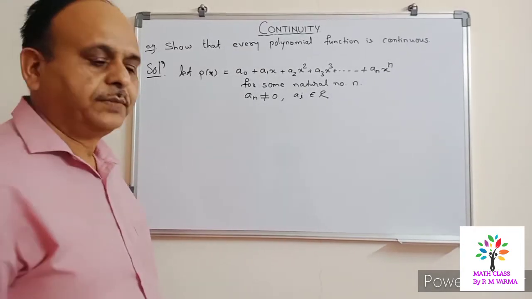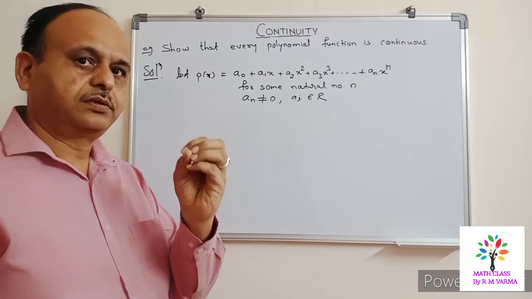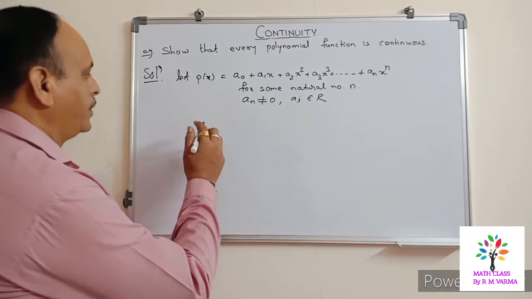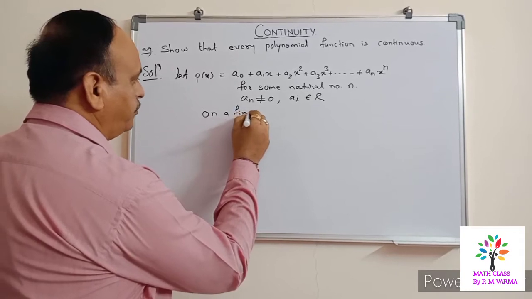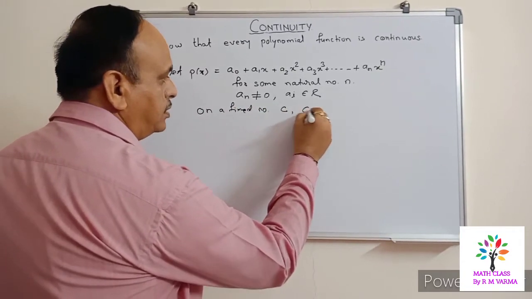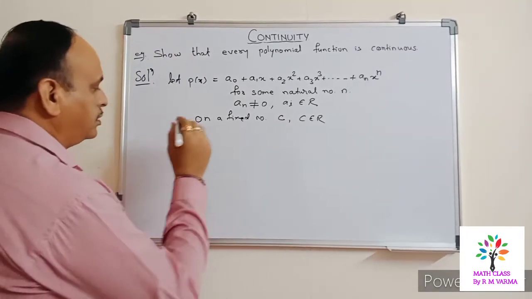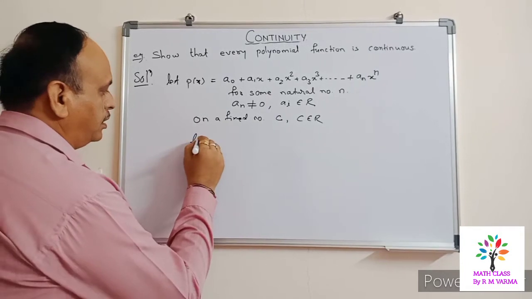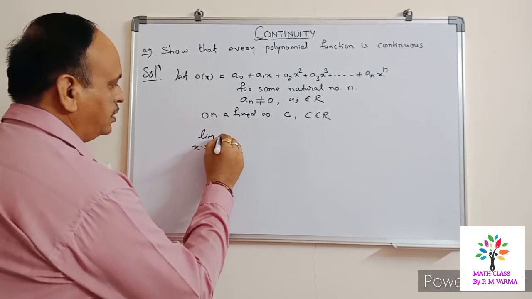Now taking a fixed number, say c belongs to R, we try to find the limit as x tends to c.